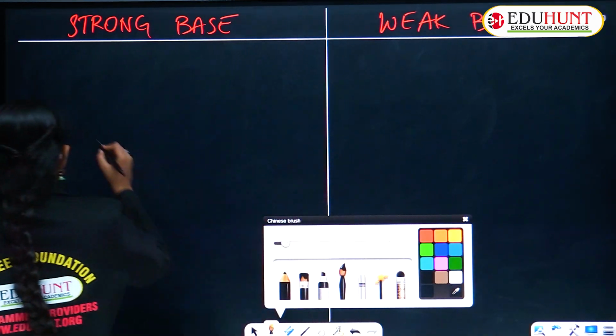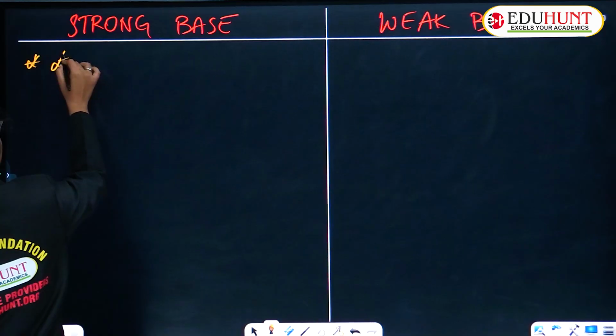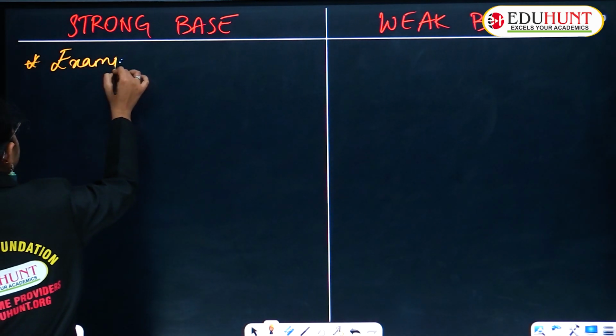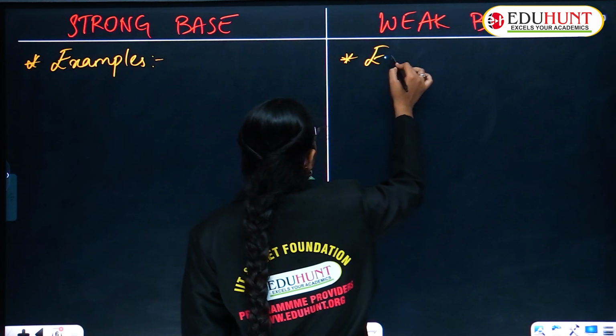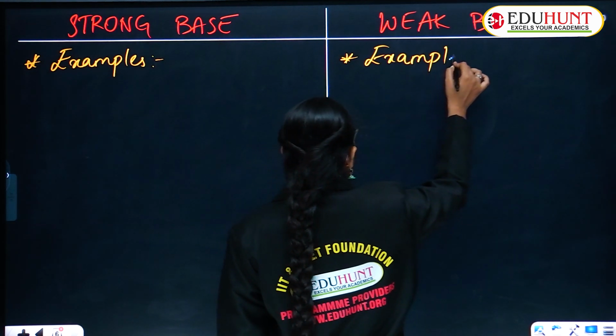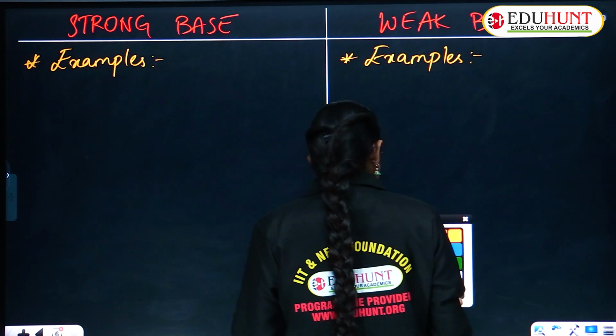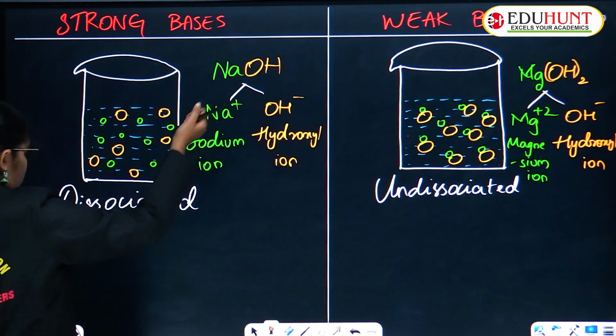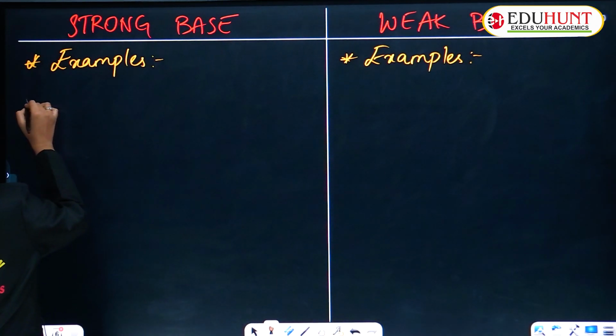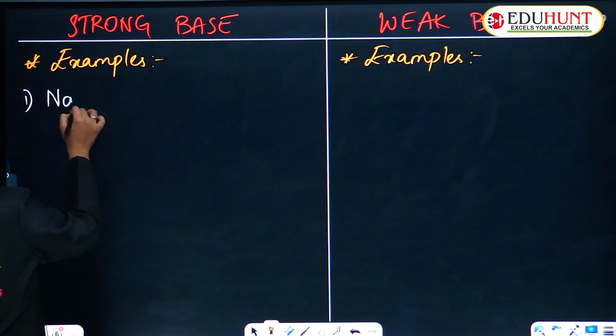The heading is all about examples. Examples of strong bases and examples of weak bases as well. The first example in strong bases is the previous one. What is that? Very good. NaOH.